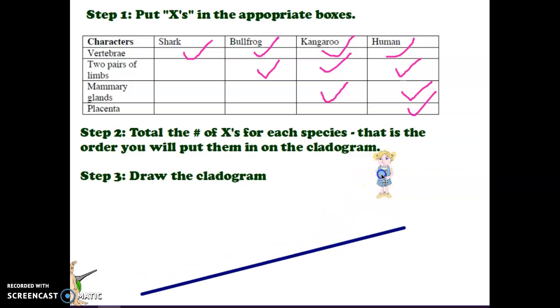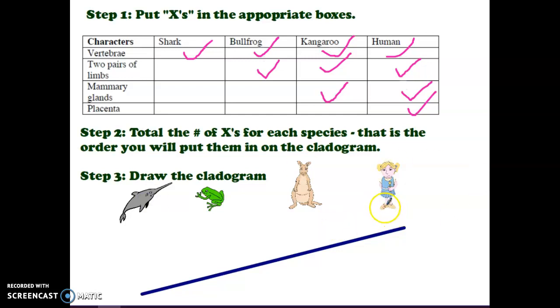Human here. Kangaroo here. The frog here and the shark here. And I'm trying to put them along the same level because they're all still alive. Then you need a line for each one. Sorry they're not straight, guys. I don't have the right tools out here.